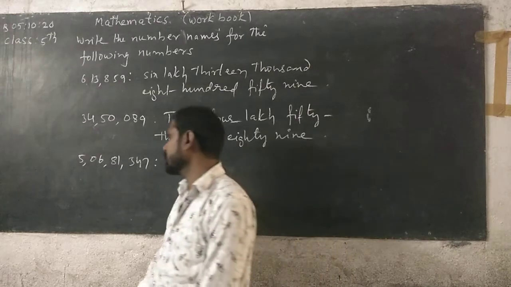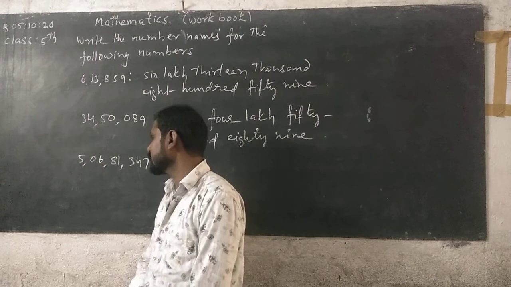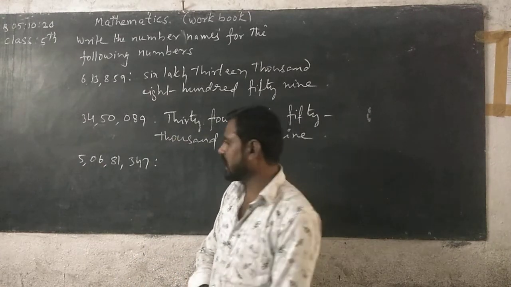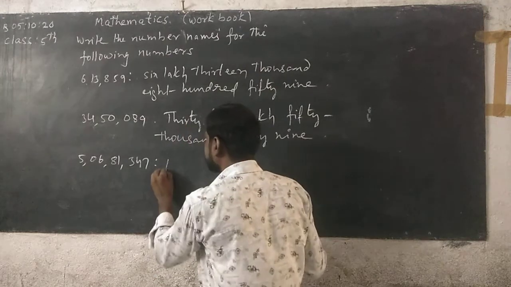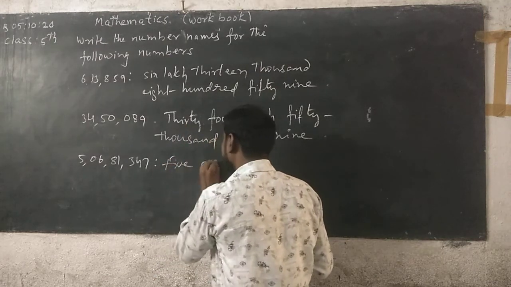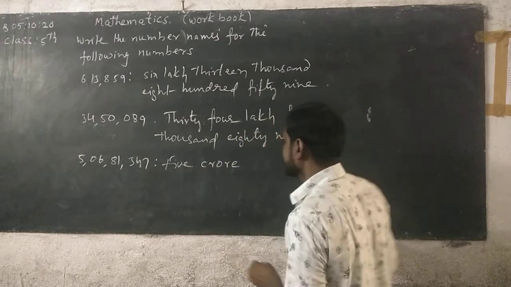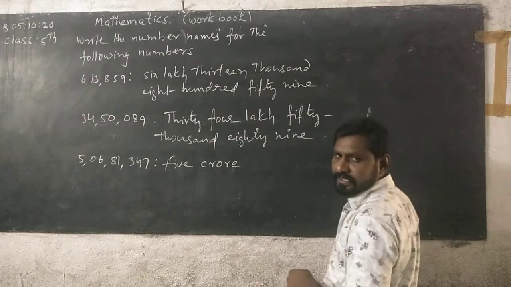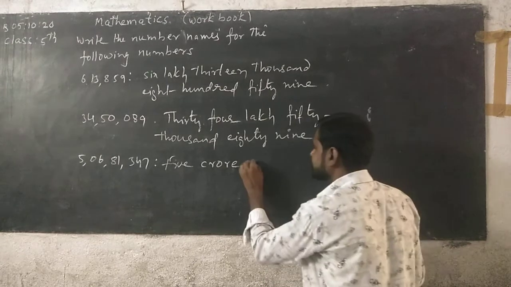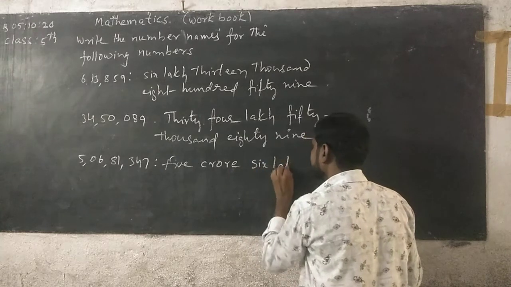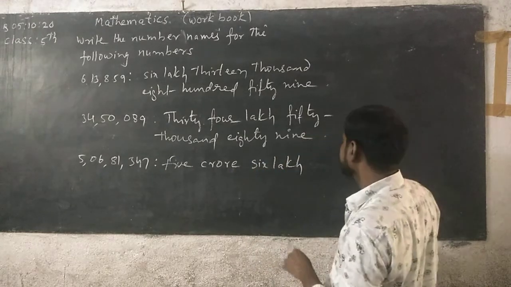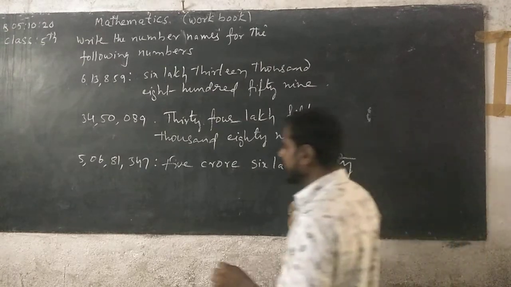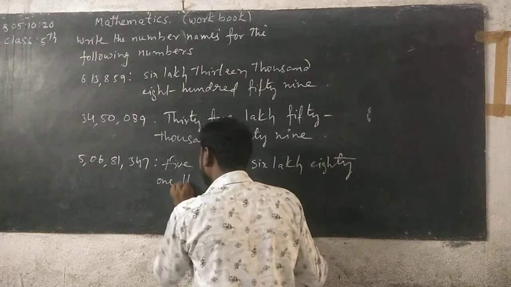The next 6th and 7th places go to lakhs period. The next 8th place goes to crores period. So you can write here 5 crore 6 lakh. 06 means 6 lakh. 0 is in 10 lakhs place. So don't write it. You can write 6 lakh 81,000 81,347.